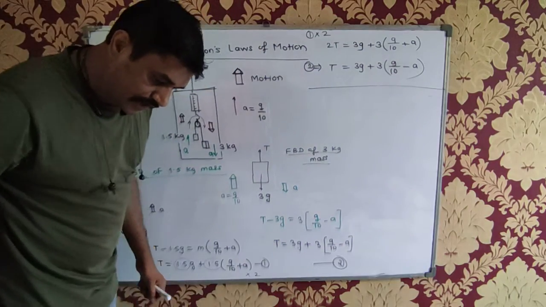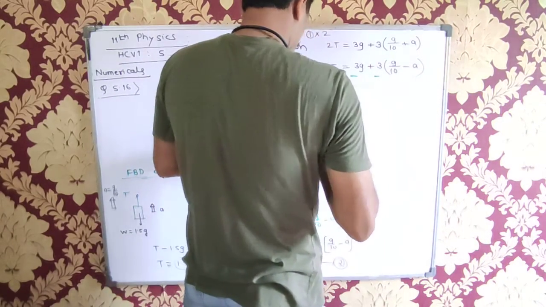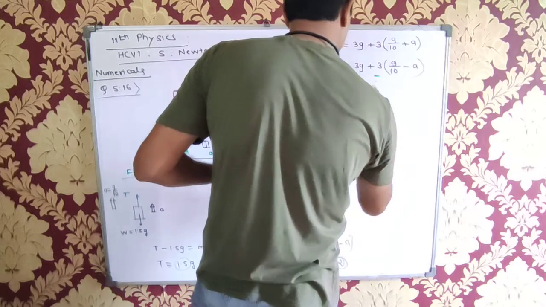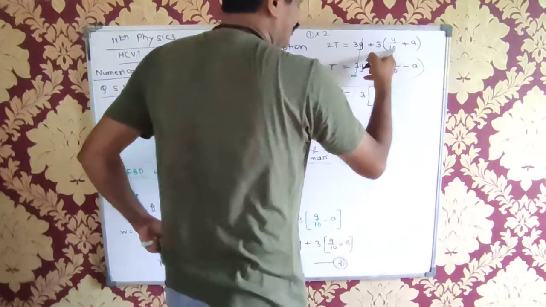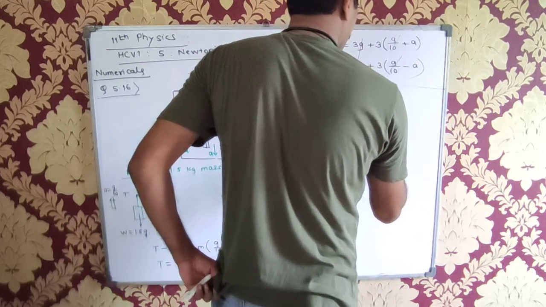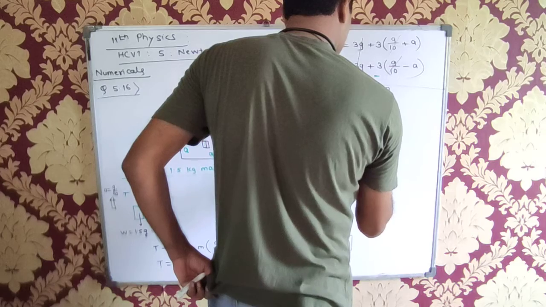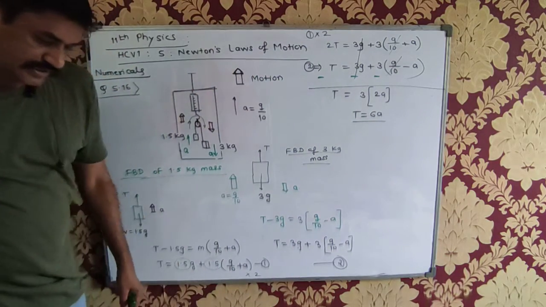Let us subtract both these equations. So T is equal to: 3g minus 3g is gone, 3 is taken common, g by 10 minus g by 10 is gone, and minus minus a is plus a, which gives 2a. So basically T is equal to 6a. This is what I get. T is equal to 6a.